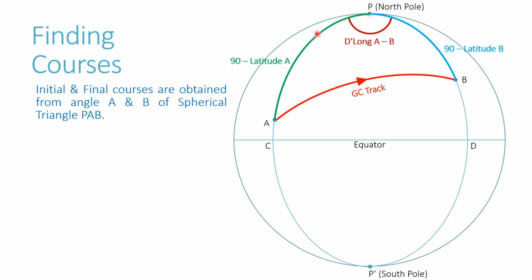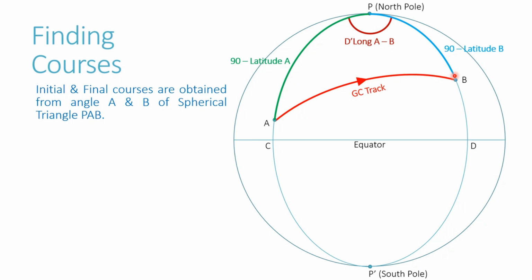So we have this PAB triangle, a spherical triangle. We have already found the missing side, the unknown side of this particular triangle. That was side AB.